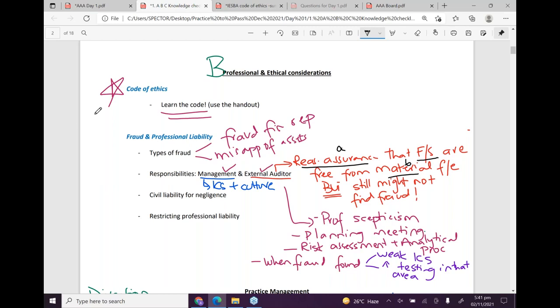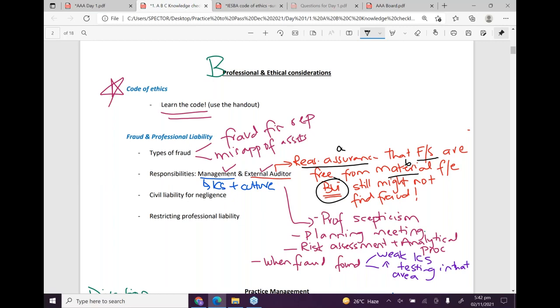So I'm not giving a guarantee, it is only reasonable assurance and my focus is on material areas only. However, in spite of my best effort, there is always a chance that I might never find the fraud.